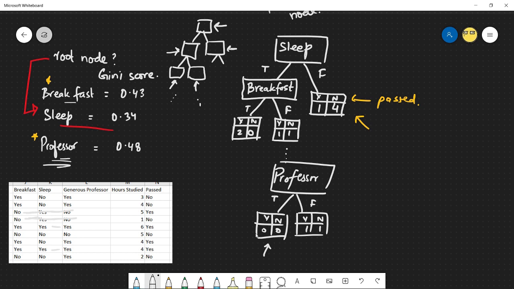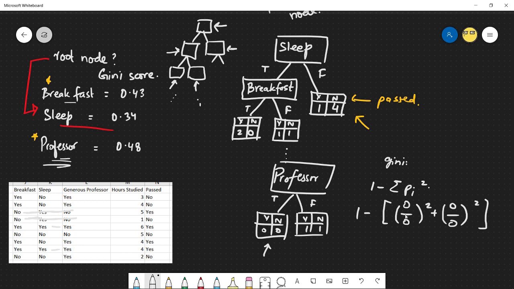Now you'll notice that something like this happens, and you might start assuming that this is a leaf node because both of them are 0, so there shouldn't be any impurity score. But the problem here is, if I do try to calculate the Gini score, that's going to be the sum of all probabilities of past squared, and some problematic things are going to happen, because the probability of past being yes here is 0 over 0 squared, plus of no's being 0 over 0 squared, and division of a number by 0 isn't possible. So at this point, you're going to say that you've gone too far.